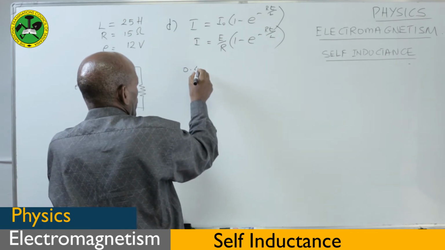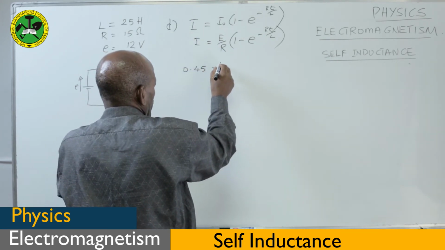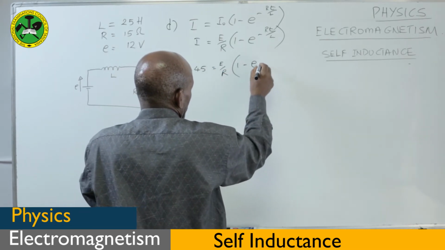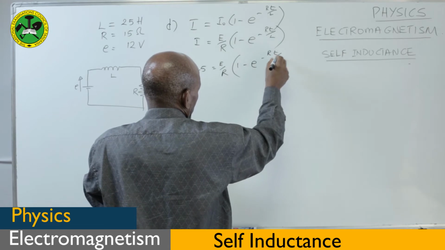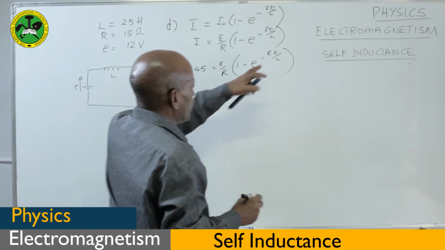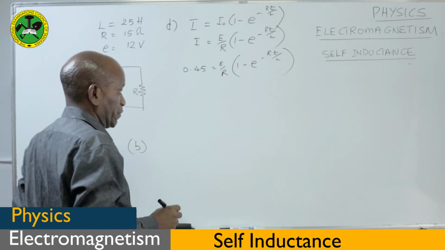So the current will be equal to 0.45, and this will just be equal to E over R times 1 minus e to the power minus Rt over L. We substitute the values now, and we need to determine the value for t.